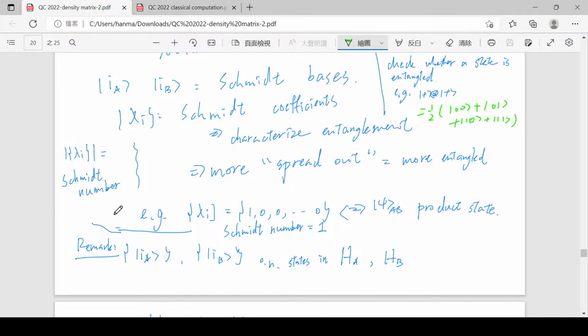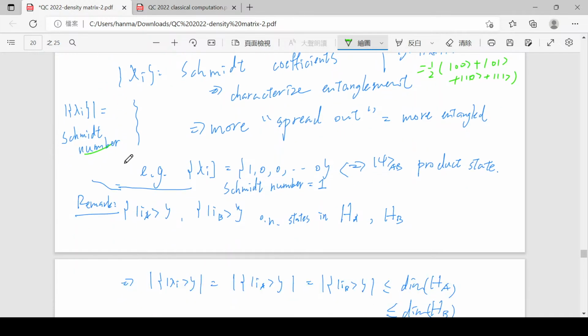This is a little confusing here. There are coefficients, which are just these numbers, and there is another concept called the Schmidt number, which is just the number of non-zero Schmidt coefficients. That's a quantitative way to calculate entanglement, although it's very non-robust, but it's some way to characterize.